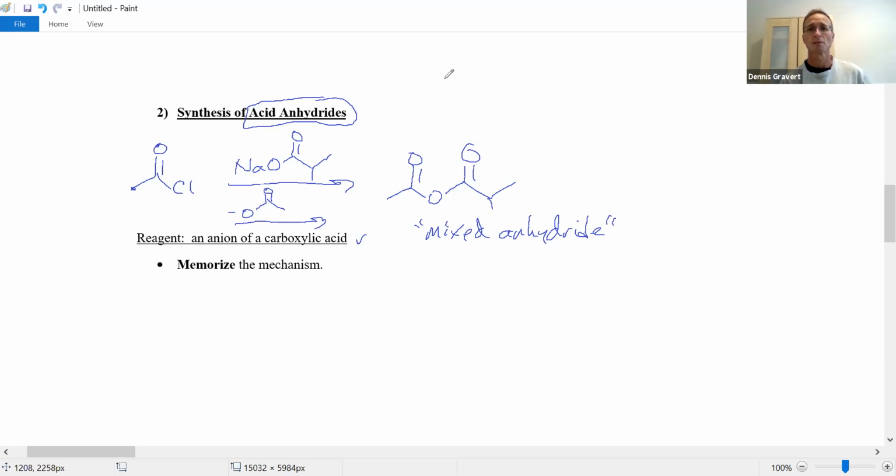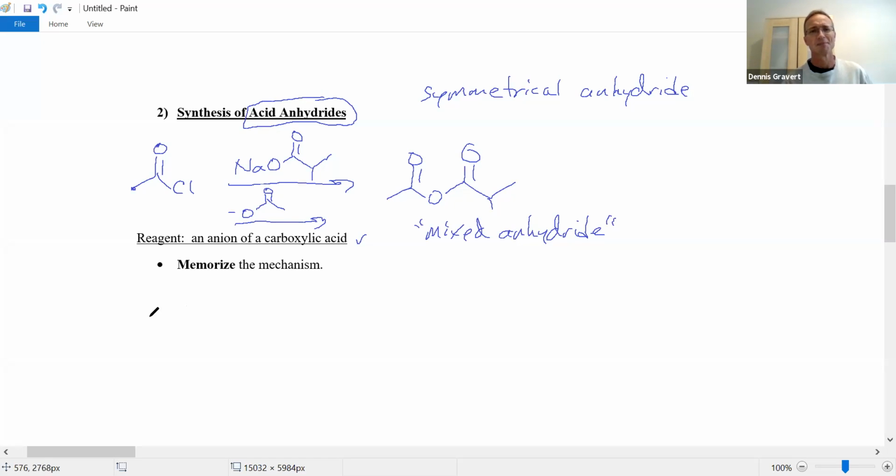Oftentimes, our anhydrides will have the same set of carbons on both sides of the anhydride. That's a symmetrical anhydride, and they're the most common ones. But if you want a mixed anhydride, this is a good way of doing it.